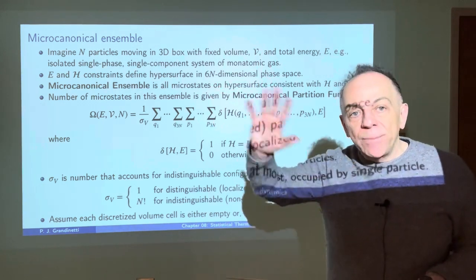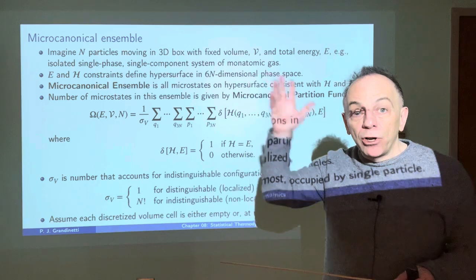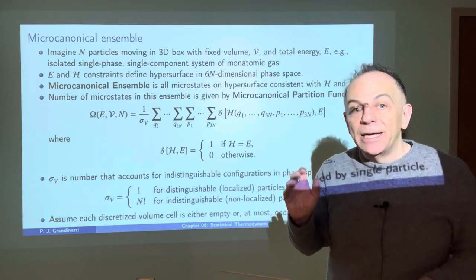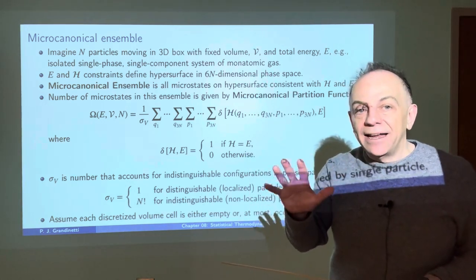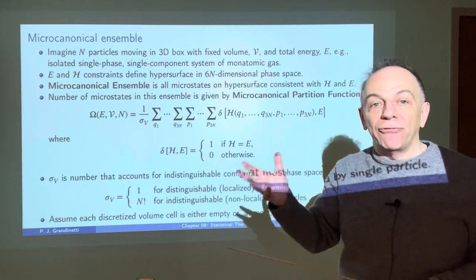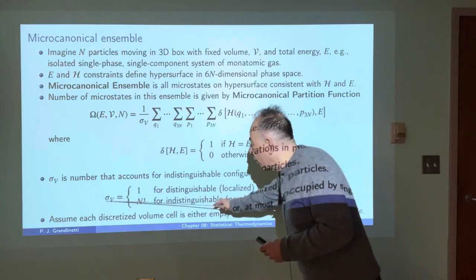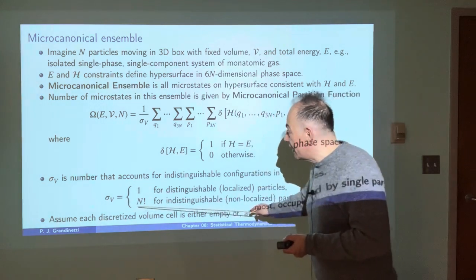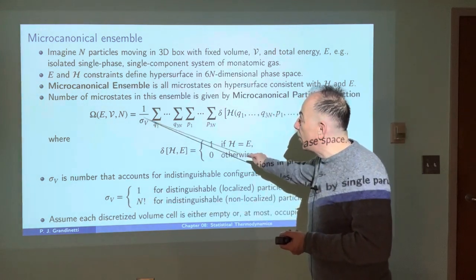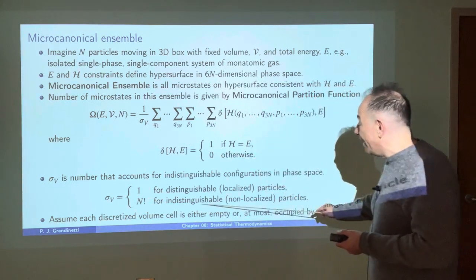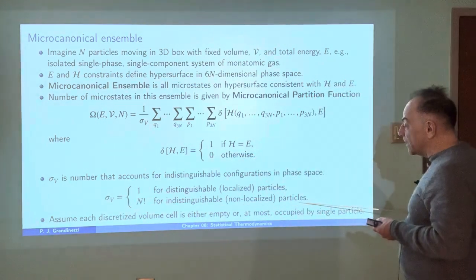And again, that comes from quantum mechanics, and we'll learn more about why that happens. But for now, we're just going to take that as something we have to account for at this point in the treatment here. So what we're going to do is, just like we did in the previous lecture, we will divide by 1 over n factorial if we have indistinguishable non-localized particles.